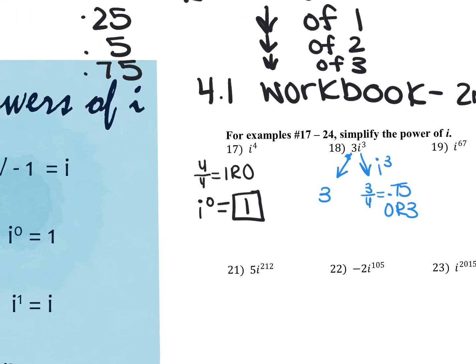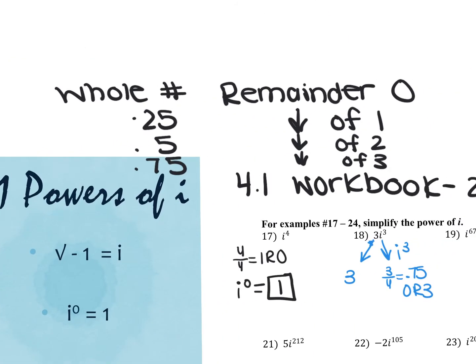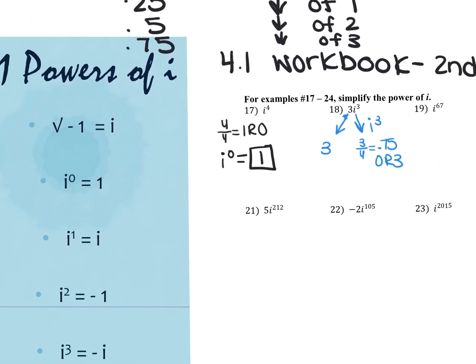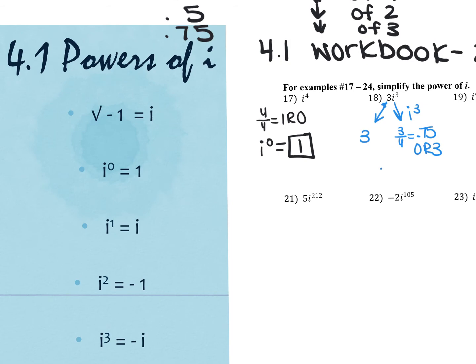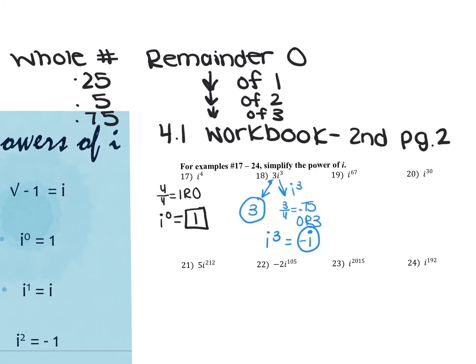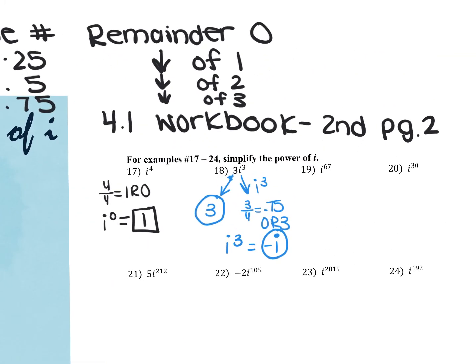I'm going to use my little cheat sheet up here that says 0.75 is a remainder of 3. So my new exponent on the I is going to be 3. And I to the 3rd simplifies to -I. Don't forget about this 3 that we took out at the beginning. So your final answer here is going to be -3I.